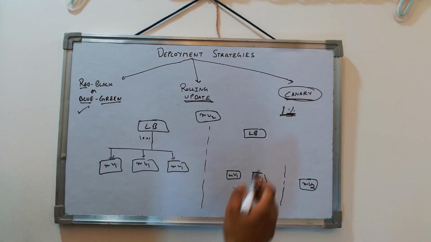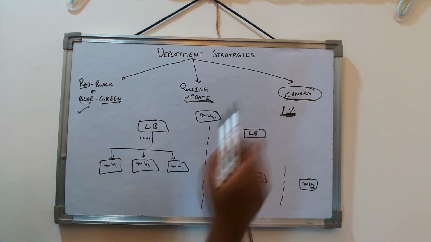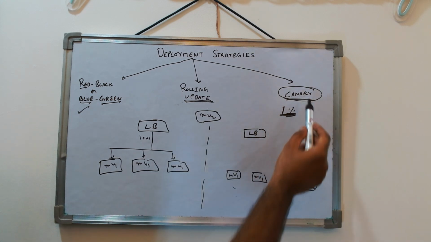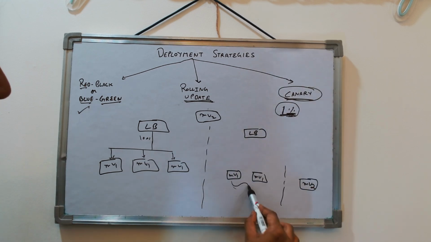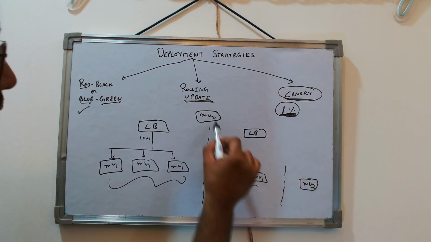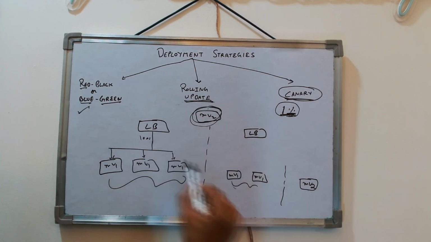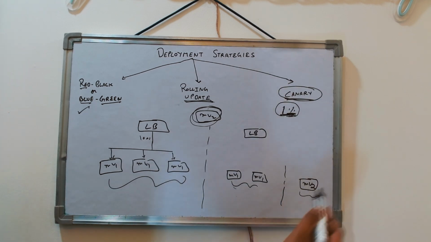So I have said, okay, only 1% you can start with the Canary. So this 1% of instances will be chosen out of your total, and on that the new manifest is deployed. So generally this is known as Canary, where you are going to test.